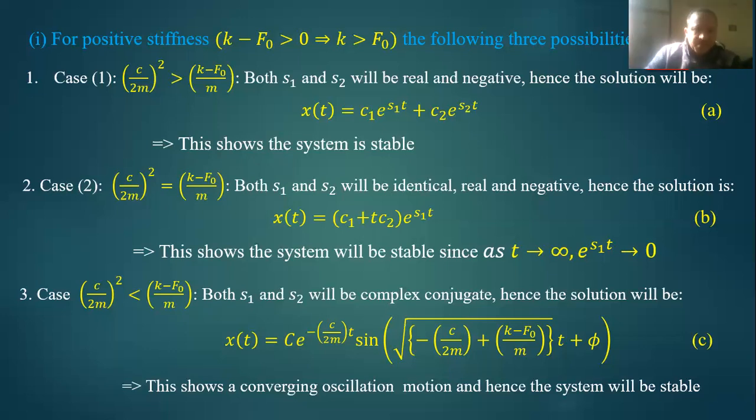Hence, the solution will be x of t, which is equal to c times e raised to minus c over 2m t, times sine of the radical term. So this shows a converging oscillatory motion, and hence the system will be stable.